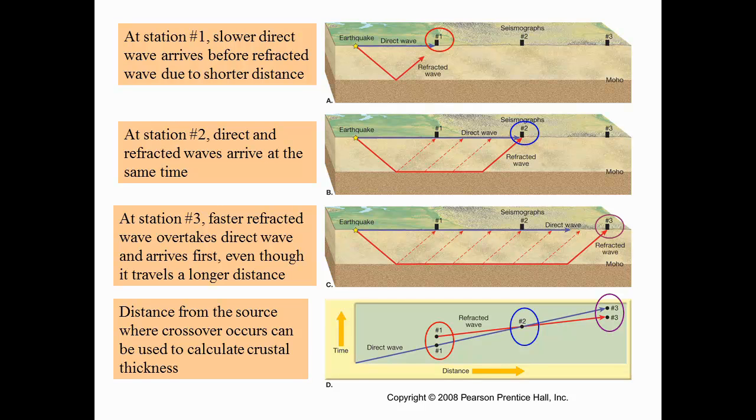The net result is that the distance from the source where this crossover occurs, the crossover being the location of seismic station 2, this crossover distance can then be used to calculate the overall crustal thickness.